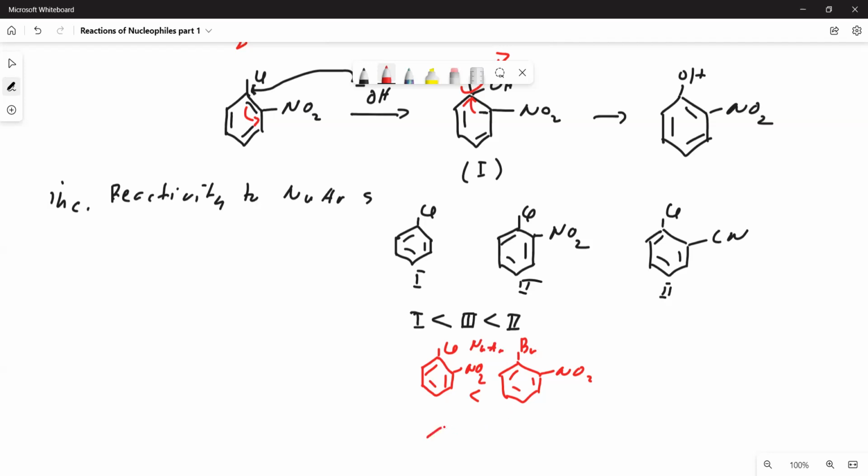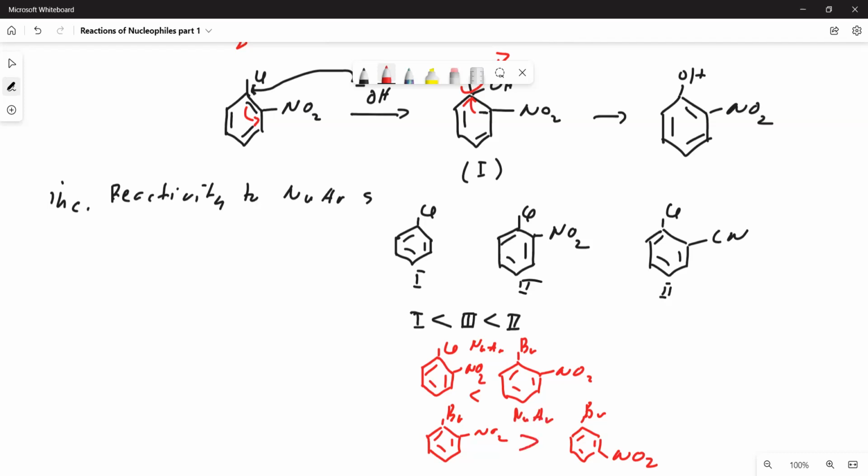Another case is if you have, for example, bromine here and then a nitro here, and then you have bromine, and then you have the nitro at the meta. And these two will undergo nucleophilic aromatic substitution.